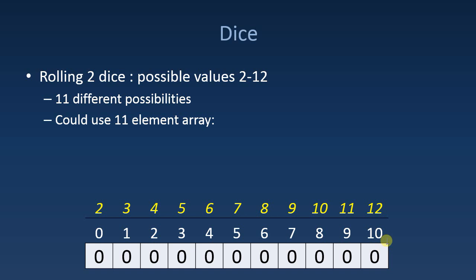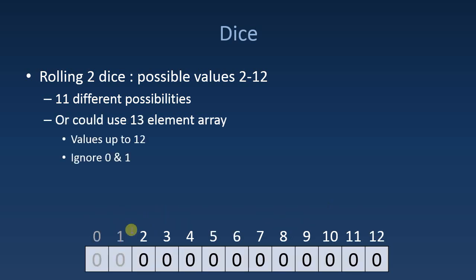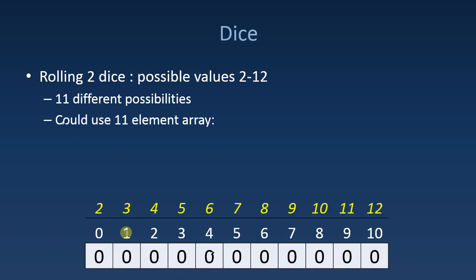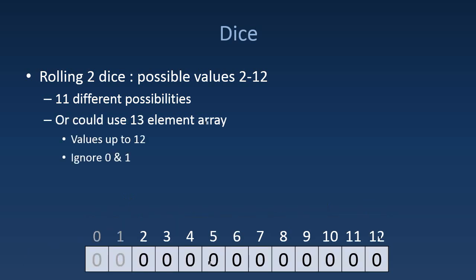And so like if I rolled a 6, I need to update that counter, I'd have to subtract 2 to come up with the right index. So an alternative would be I'm going to make my array have 13 things and just ignore the first 2. And that way, if I roll a 2, I'll directly index into element 2, and I'll just pretend those don't exist, so that I don't have to do this math to convert from what I rolled to what slot is representing that.